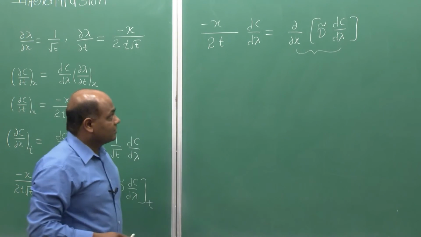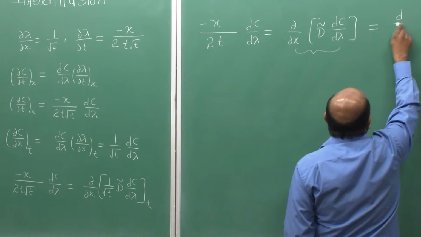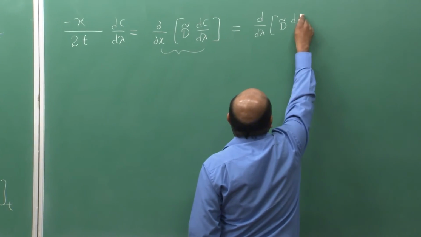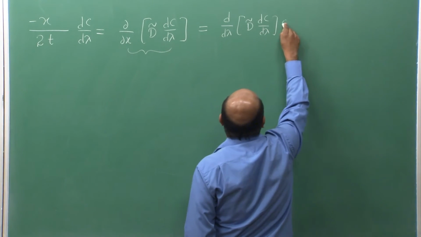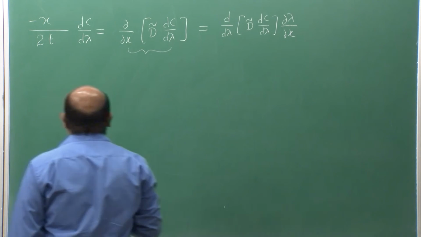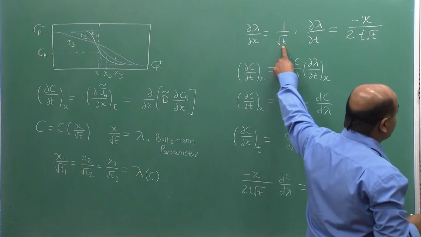again we can write as d/dλ of D tilde dc/dλ times ∂λ/∂x, and ∂λ/∂x is again 1 by root t.